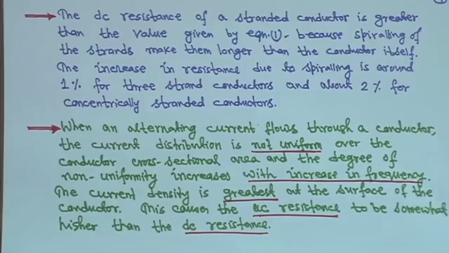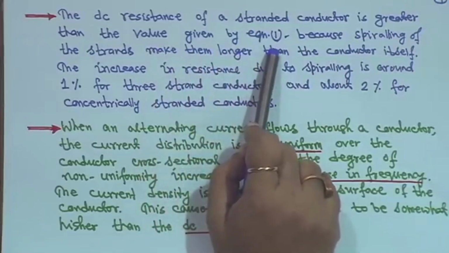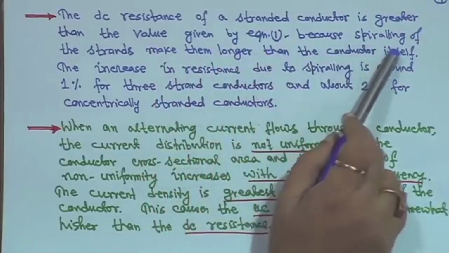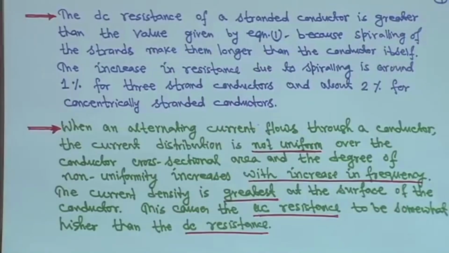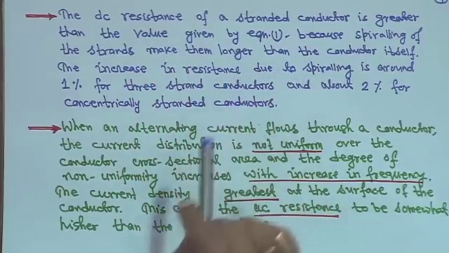So, the DC resistance of a stranded conductor is greater than the value given by equation 1, because of spiraling. If you look at the transmission line conductors, the spiraling of the strands makes them longer than the conductor itself.